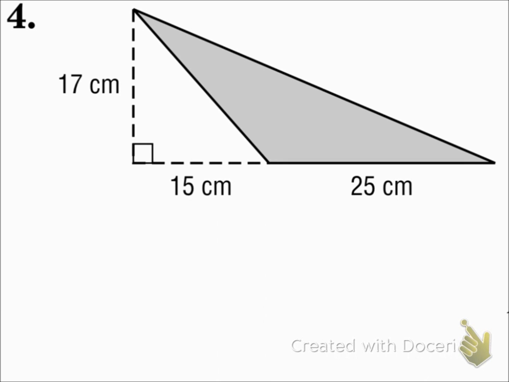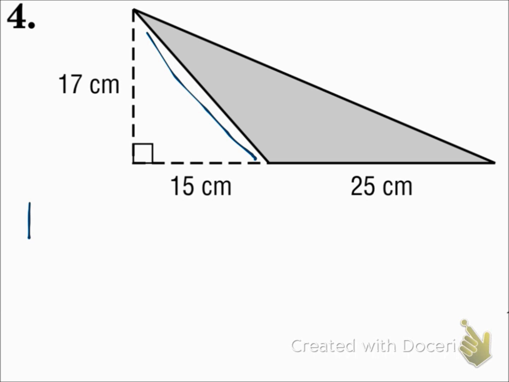Find the perimeter of the triangle. Well, I know one side. I'm missing that side and that side. To find those two missing sides, if I look here, I have a right triangle. I know two sides of the right triangle. I can do the Pythagorean theorem to find that one side.